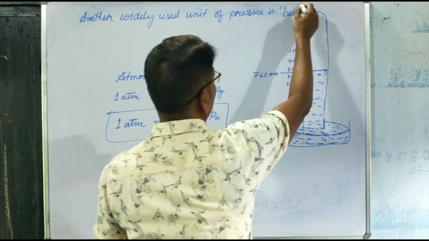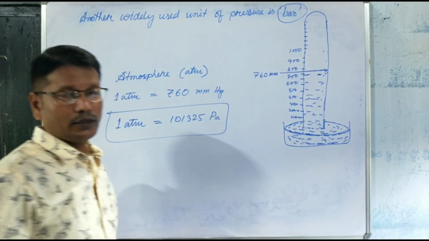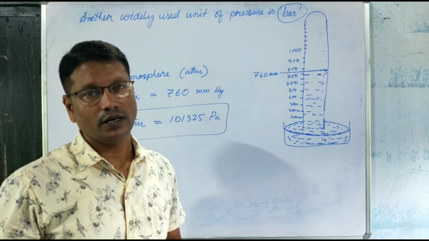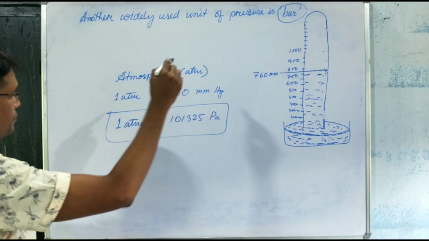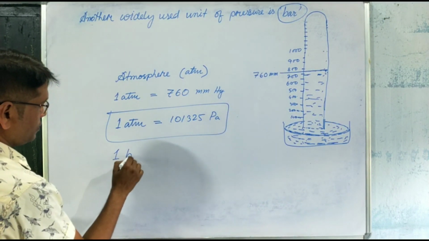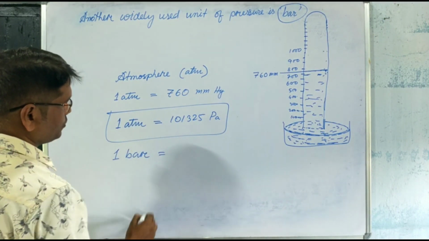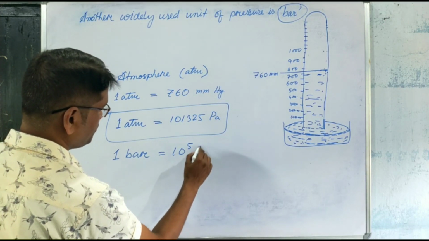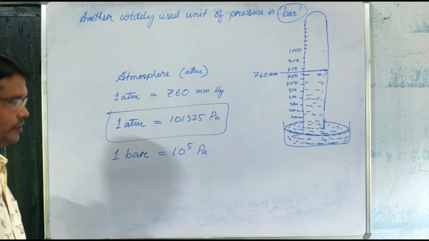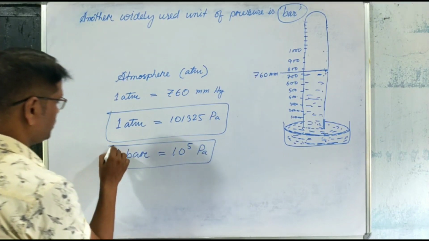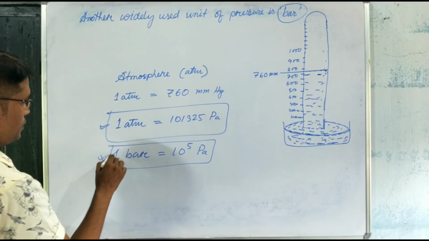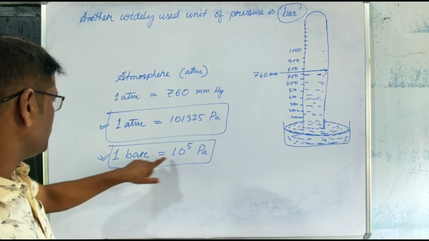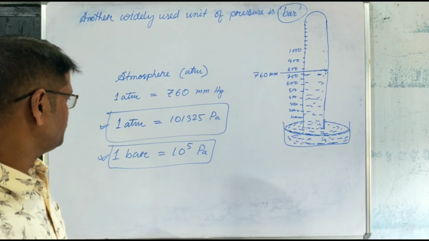It is an important unit, bar. Now what is bar or what is 1 bar pressure? Actually 1 bar is equal to 10 to the power 5 Pascal. You should keep in mind. 1 atm equal to 101,325 Pascal and 1 bar equal to 10 to the power 5 Pascal.